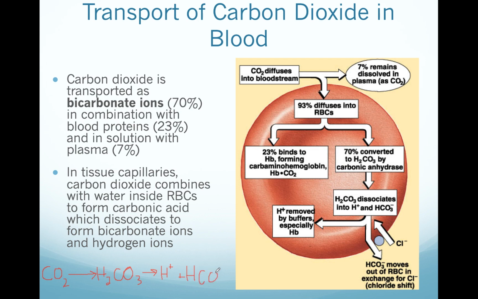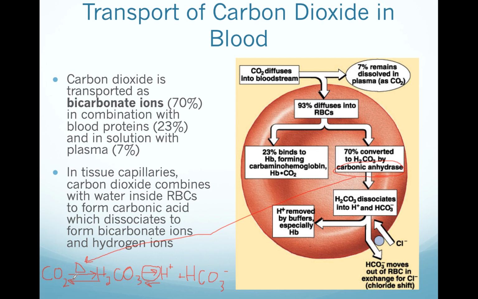Now the only thing you could be adding on this is the enzyme right over here. And that enzyme's name is carbonic anhydrase. Remember, this process happens spontaneously. Now, key thing to remember here is all of this is reversible.